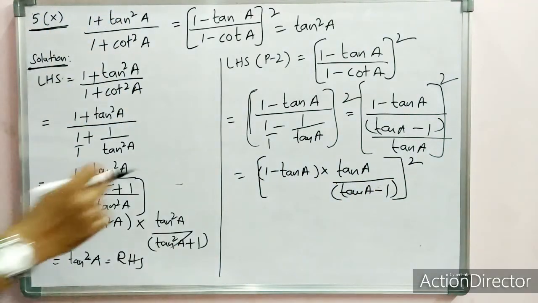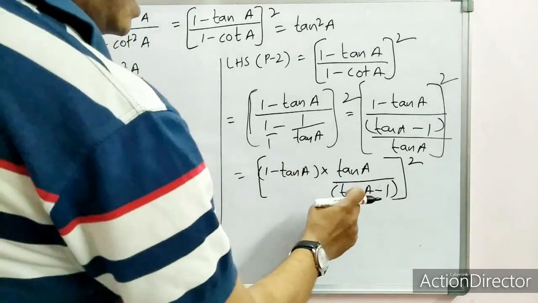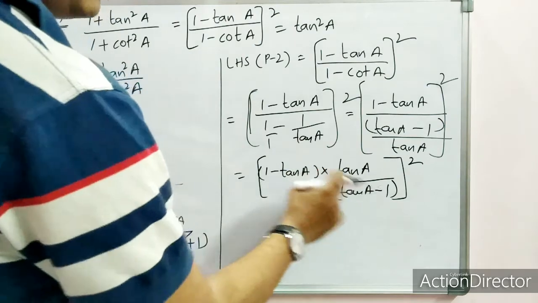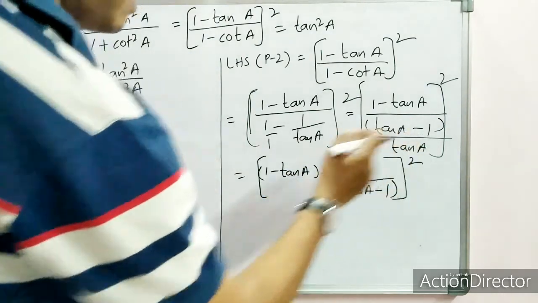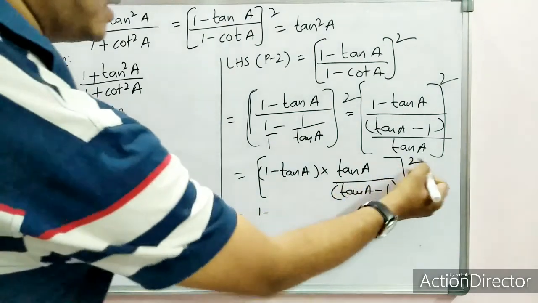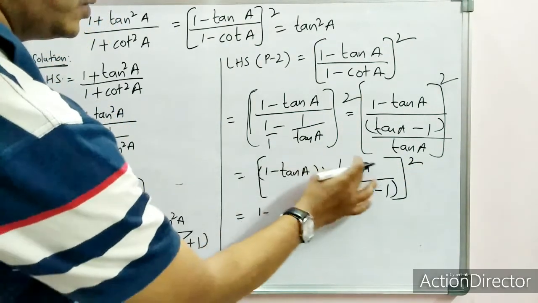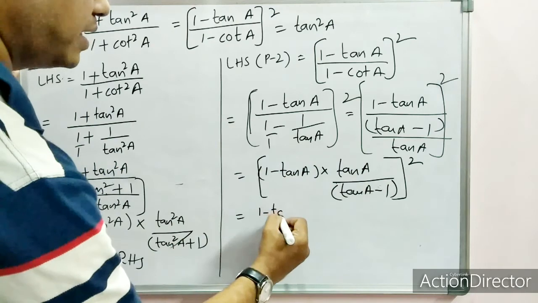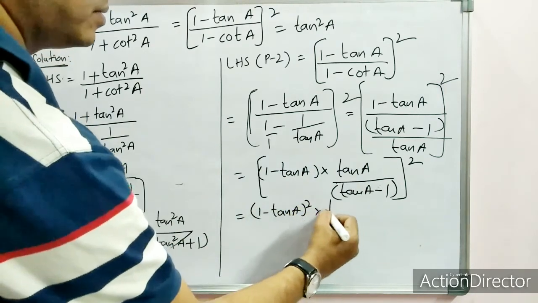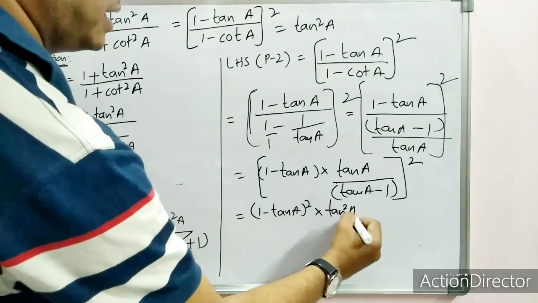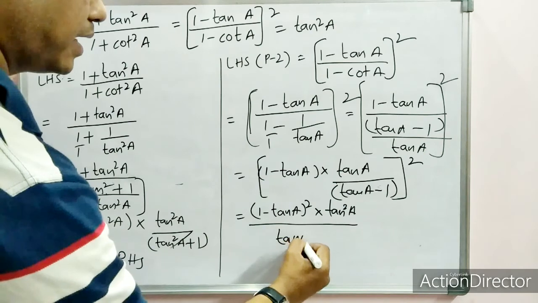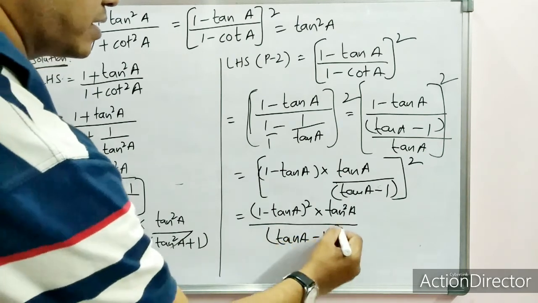Now you see here, this is 1 minus tan A, this is tan A minus 1. This directly won't cancel, but we have a square. Now I can write this, expand this square to all the terms. 1 minus tan A whole square into tan square A by the denominator, tan A minus 1 whole square.